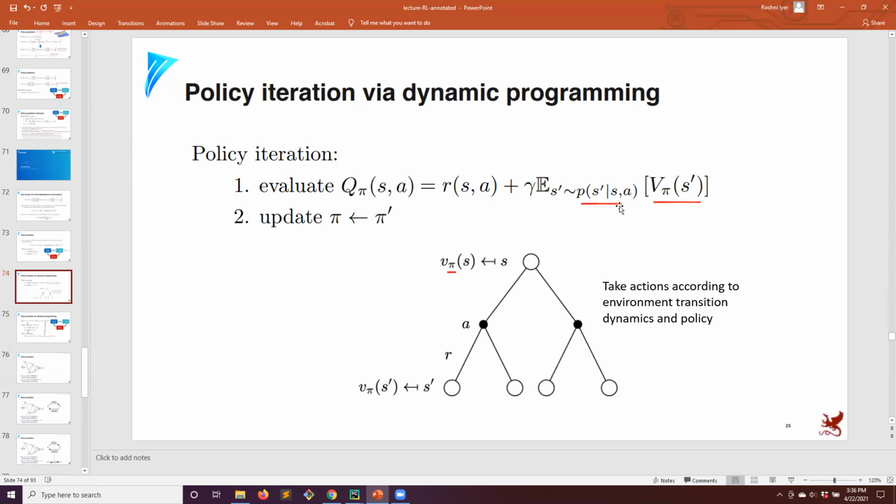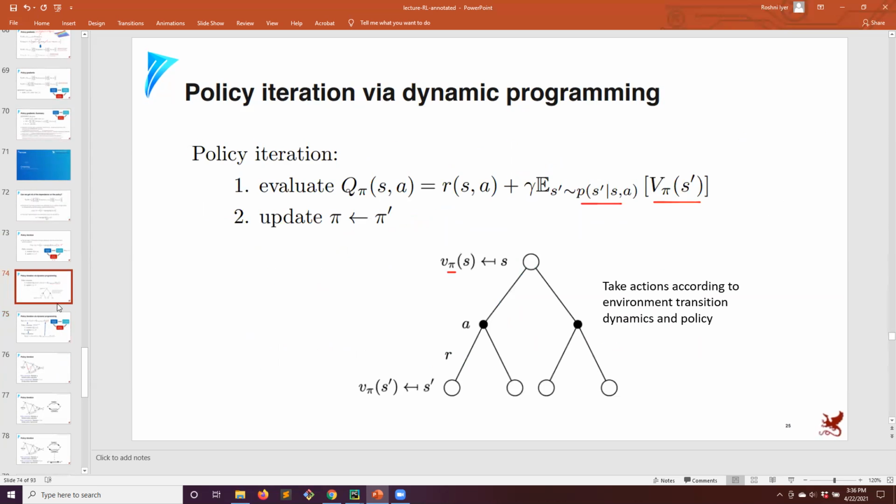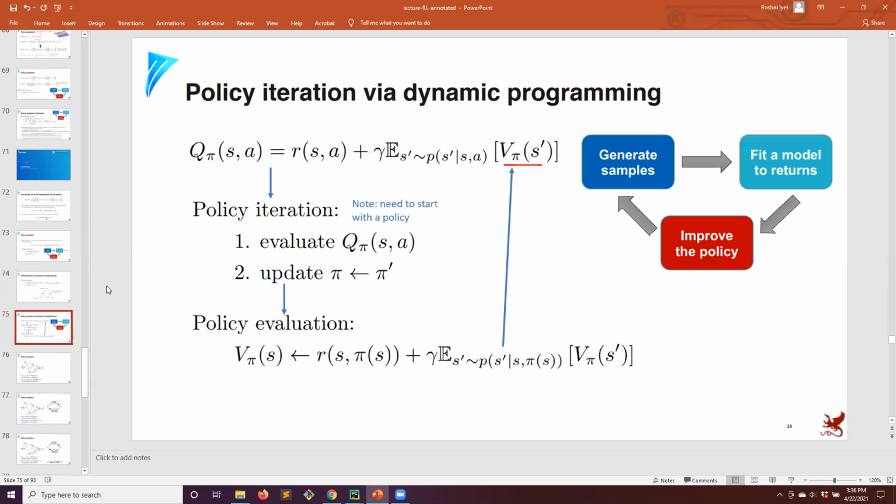Okay, so from here, I'm just rewriting this. Then remember, we need this V function here. Then we apply policy iteration, and here we need to start, of course, with a policy. We evaluate this Q pi under this policy pi.